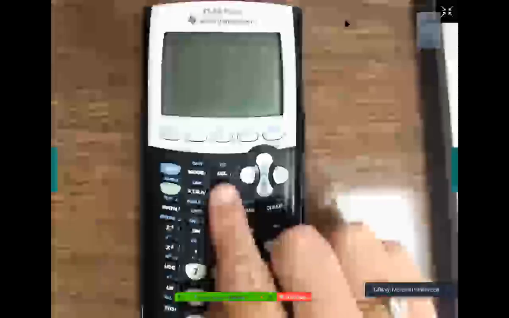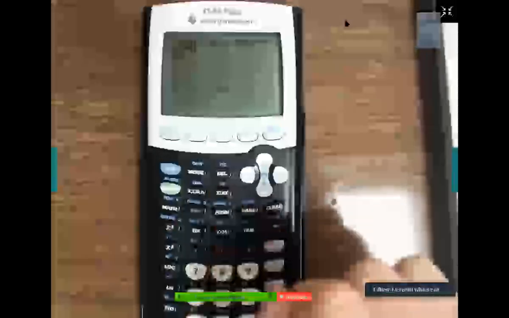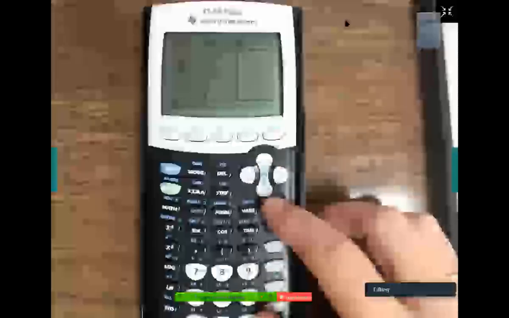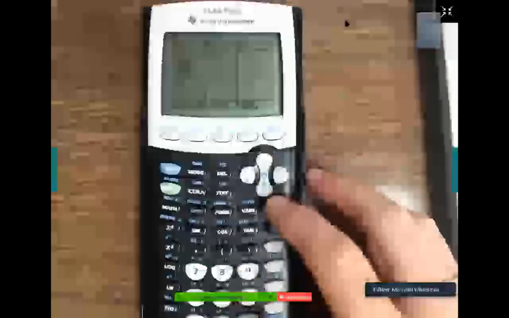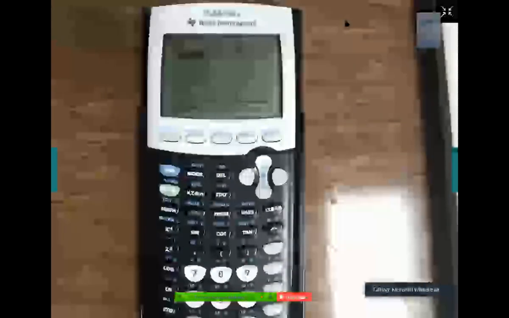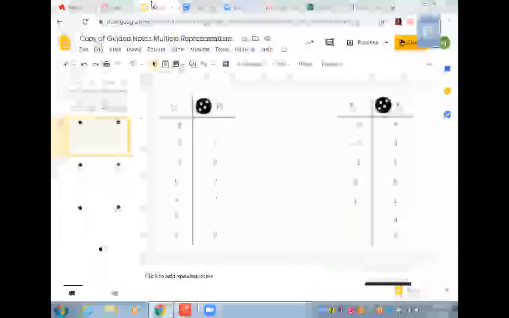Stat, yeah, so we could go into stat and edit, and we could clear these out, and you could put your table values in here to be able to do that. Let me go back to this screen. All right, so that could be one way. We'll talk about more of that in a second.